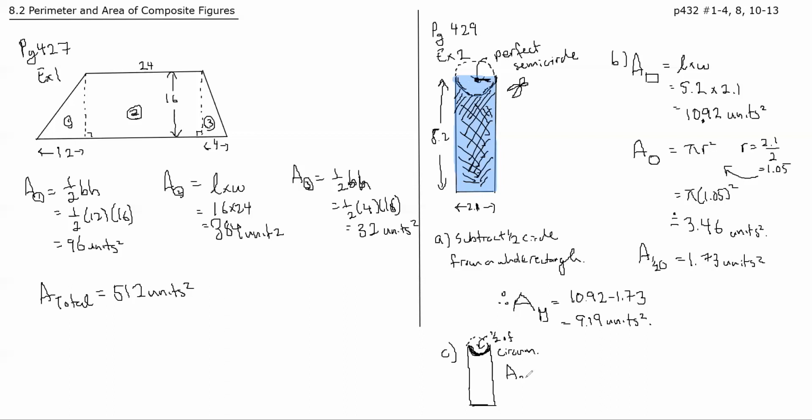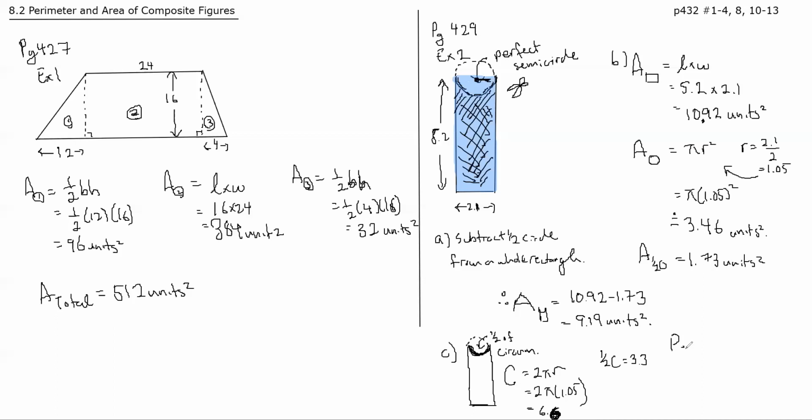Circumference is going to equal 2 pi r, which is 2 pi 1.05. 6.597, so approximately 6.6. Half of that is going to be 3.3.